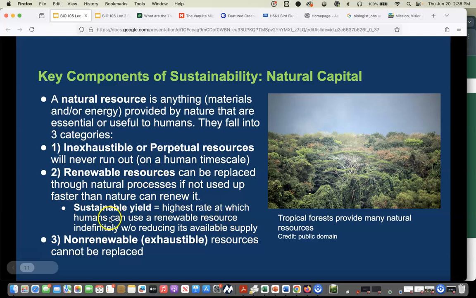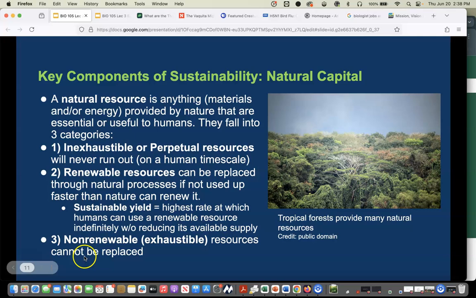For example, the sustainable yield for fisheries is the most fish that we can remove out of the ocean at this point in time, based on the information we have, without reducing the supply that would be available every year.